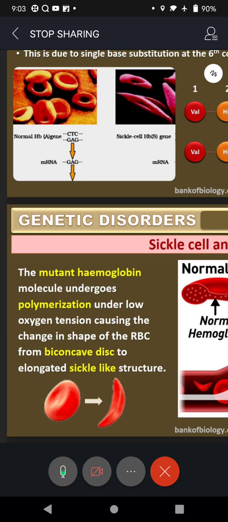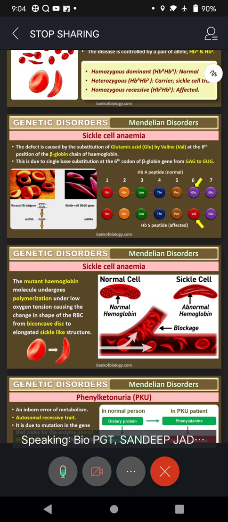So the mutant hemoglobin molecule undergoes polymerization under low oxygen tension, causing the change in the shape of the RBC from biconcave disc to elongated sickle-like structure. So this is the reason why there is change. So here we are covering both the physiology part of it as well as the biochemistry part of it, right? That is the reason why it is getting changed.